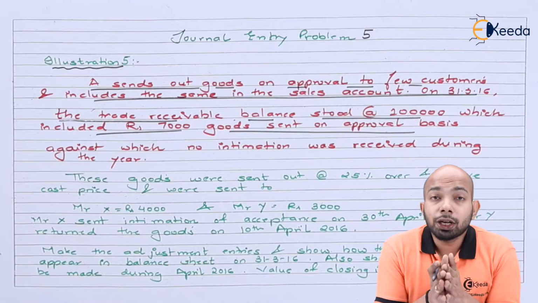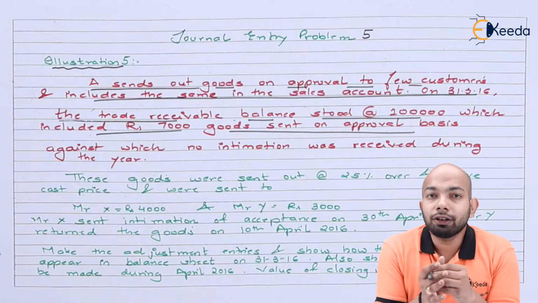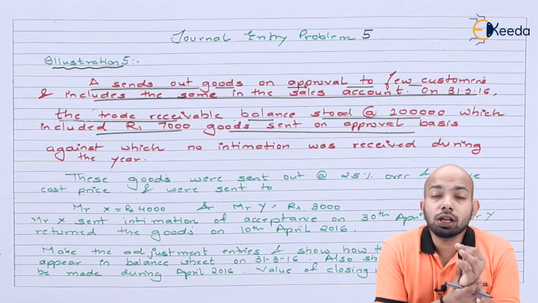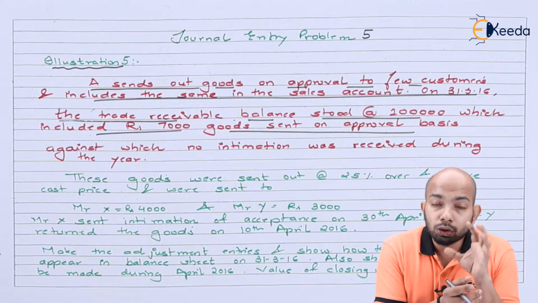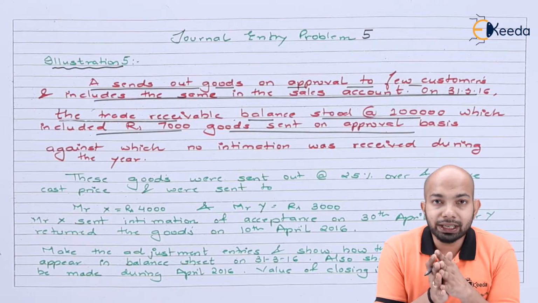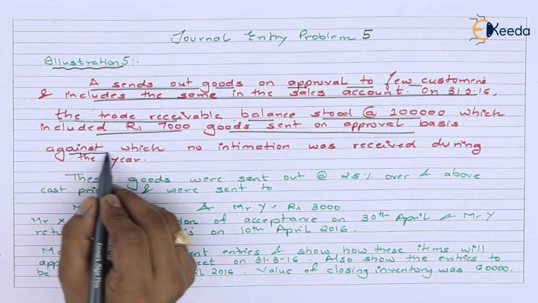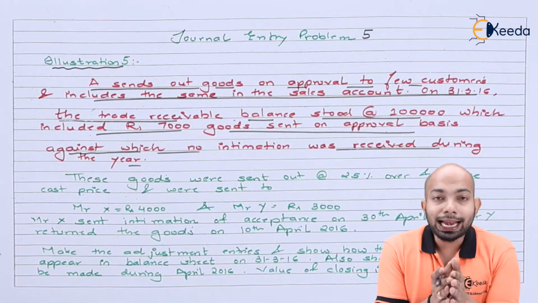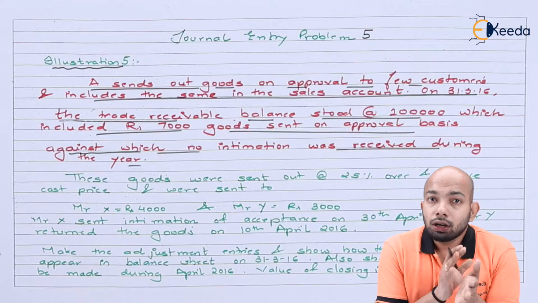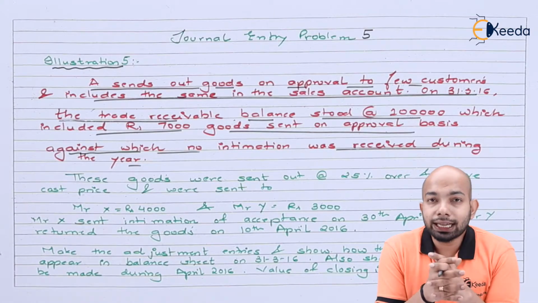As of 31st of March 2016, the trade receivables balance showed 1 lakh, which included goods worth rupees 7,000, which was sent out on sale or approval basis. And for those goods which were sent out for rupees 7,000, no intimation was received.